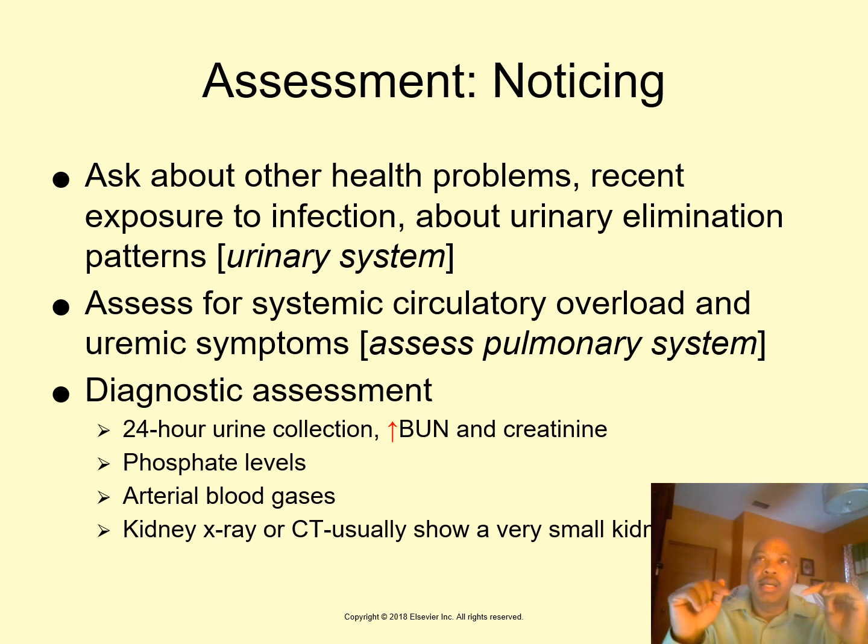But remember, calcium and phosphate have a reciprocal effect. So if the phosphate is up, then the calcium will be down, and if the phosphate is down, then the calcium will be up. I can't remember right off, and that depends on at what stage you are in renal failure.